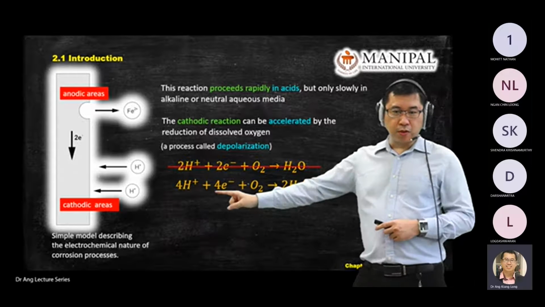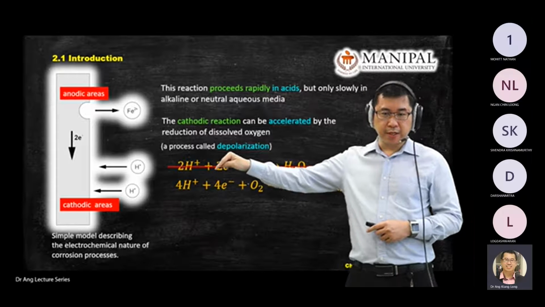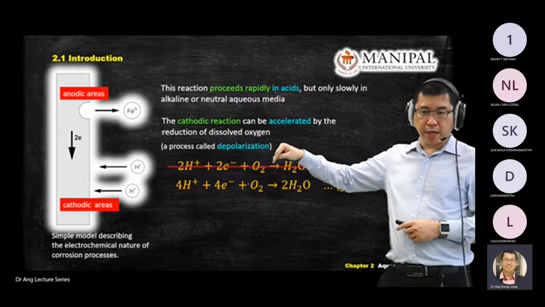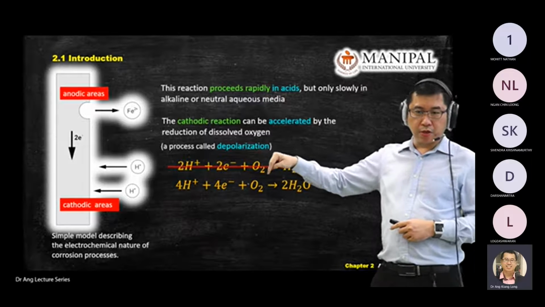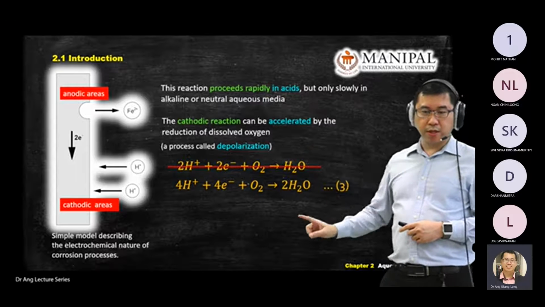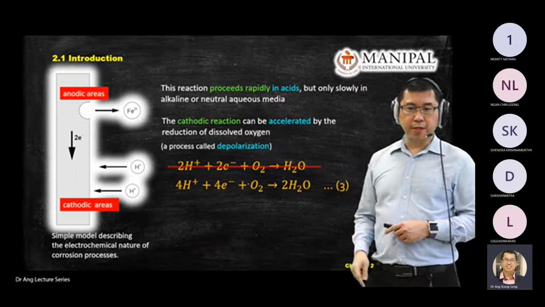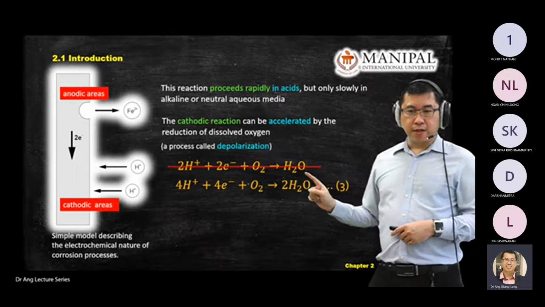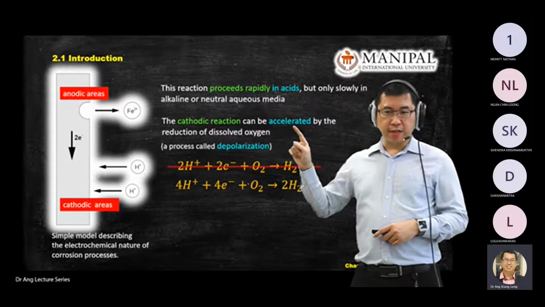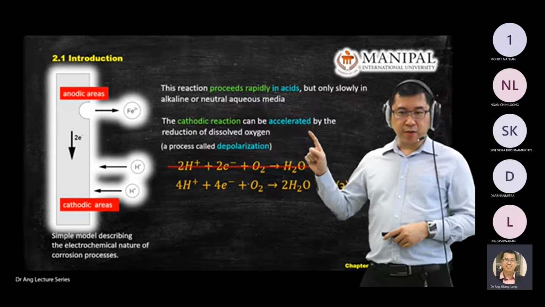So the correct one is 4 hydrogen positive, and it must be balanced. 4 positive, 4 negative, balanced, and 1 oxygen molecule becomes 2 water molecules. This process we call depolarization, and this process will accelerate the corrosion. All right, it will accelerate the corrosion.